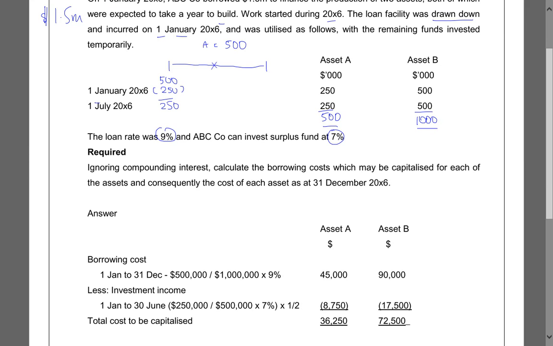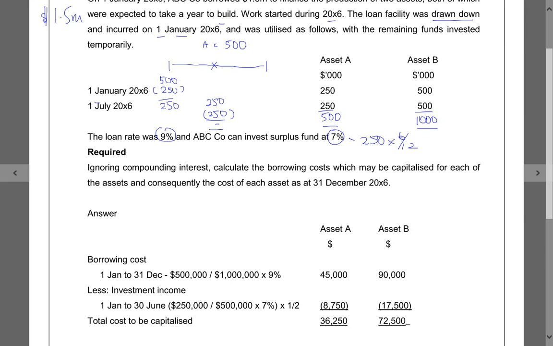And when do I withdraw this 250? 1st July, I withdraw 250. No more money to invest. So my interest earned is how much? It's only for half a year, 6 months, and it's only 250. So the interest earned is 250 at 7% for half a year.